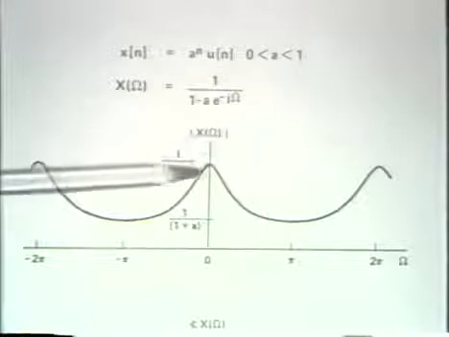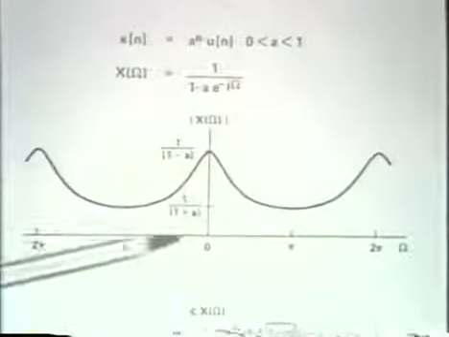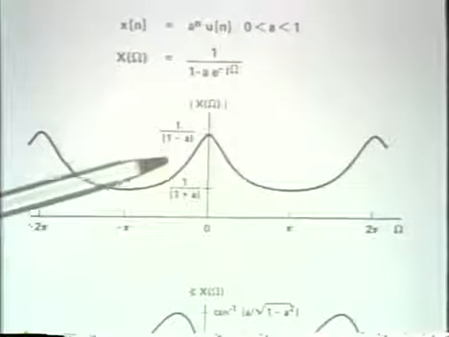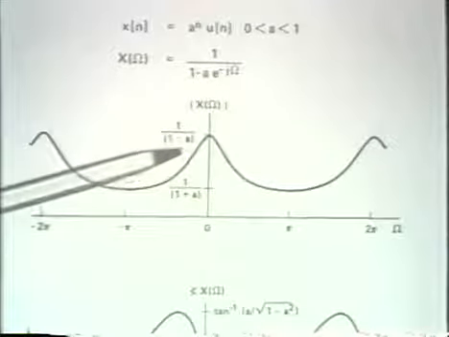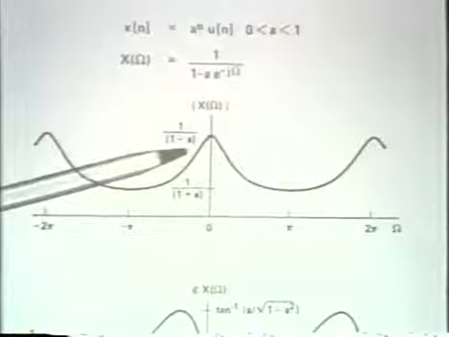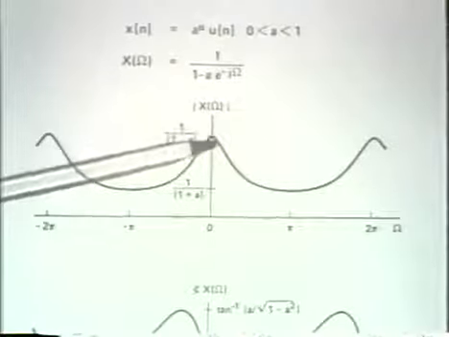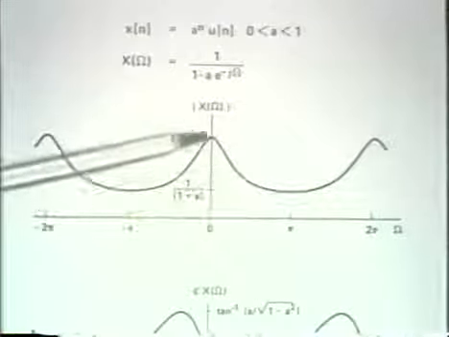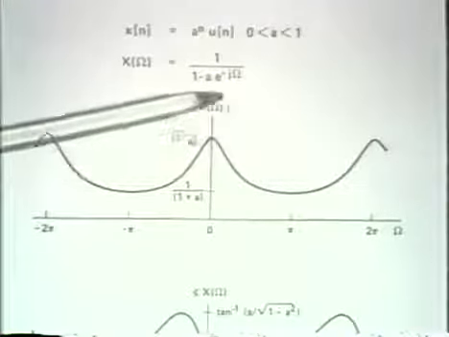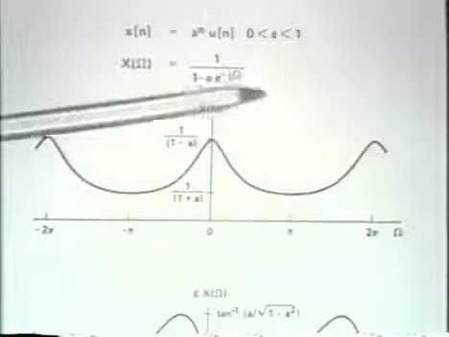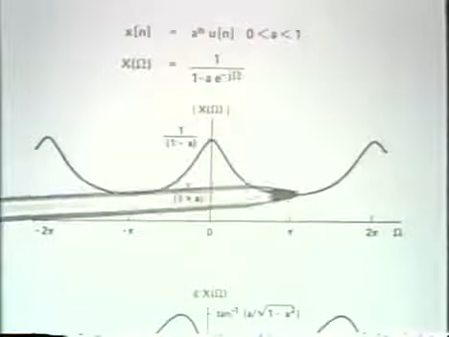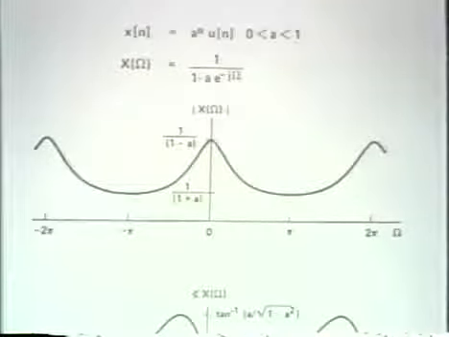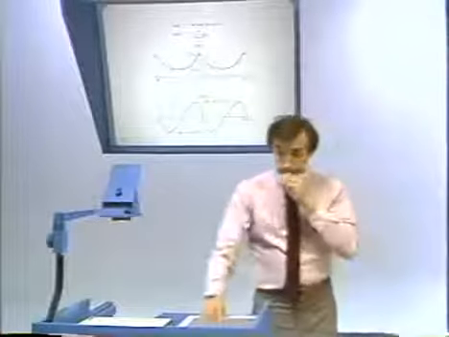Let me also draw your attention, while we're on it, to the fact that if a were in fact negative, then this value would be less than this value. And in fact, for a negative, the magnitude of the frequency response would look like this, except shifted by an amount in omega equal to pi.